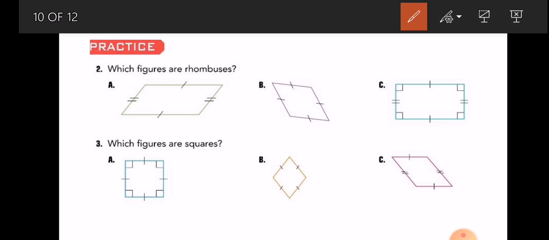Which figures are rhombus? Let's see here. What are the characteristics of the rhombus? We said the rhombus has two pairs of parallel lines. All of them here have that. We said also for the rhombus, it's like the square: all the sides are equal. So which one? I think now you can get it. Yes, B. Number 3.